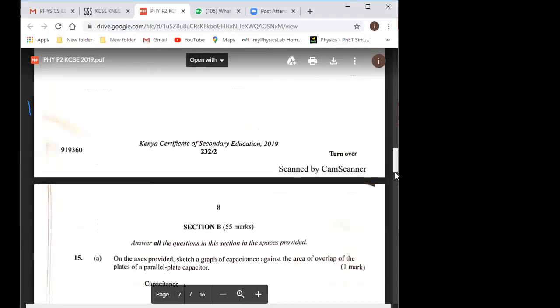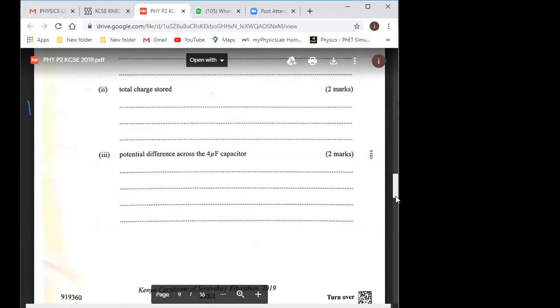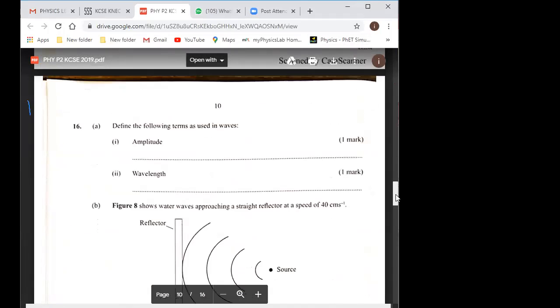We now move to another question of your level. Number 16. Define the following terms as used in waves. Number 1, amplitude.